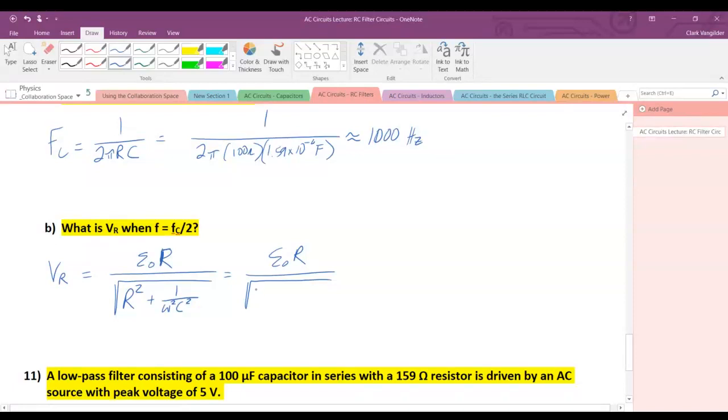If you get a common denominator, we would have 1 plus 1 over omega squared R squared C squared. And so go back and put that in the book later. It gets to a point where you just ask, what's the equation for this? And you go and solve for it.